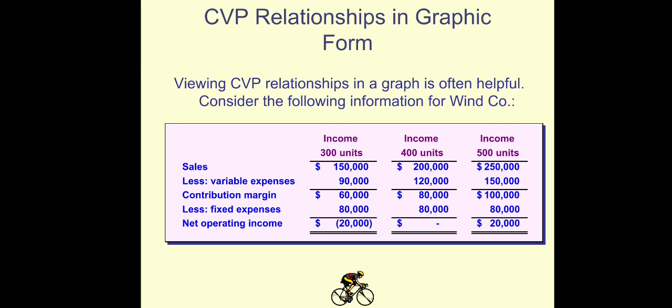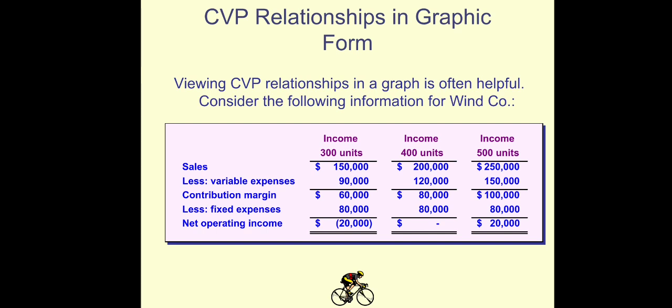So what have you seen? First, you now know about another format of income statement. You have seen it in the first slide. The income statement is called the contribution income statement.